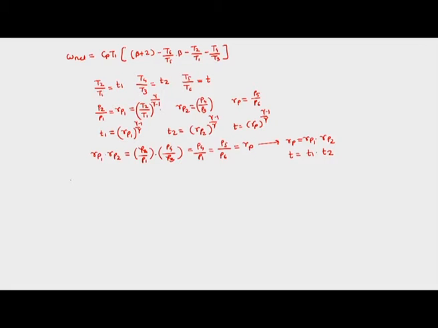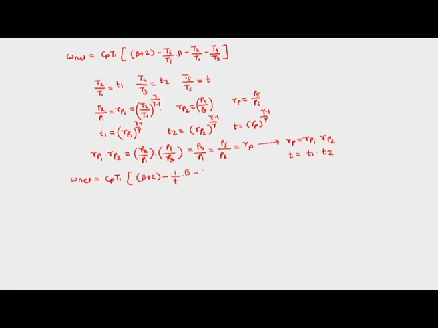So we can do the same thing here. W net is equal to Cp T1 [beta plus 2 minus T6 by T5]. What we said was 1 upon T into beta minus T2 by T1.